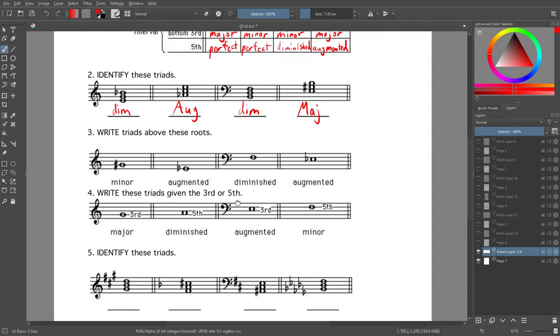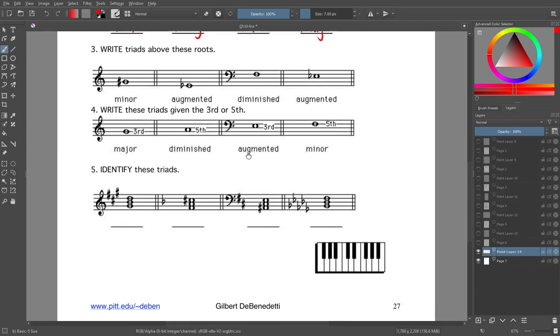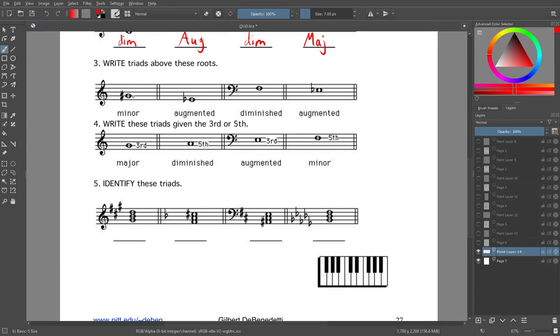Now we're going to write our own triads above the roots. Oh look, there is a keyboard down there. So first you write in the note heads. I'm going to go ahead and do that for all of these. Okay. We have a G sharp on the bottom here, and we need a minor triad.